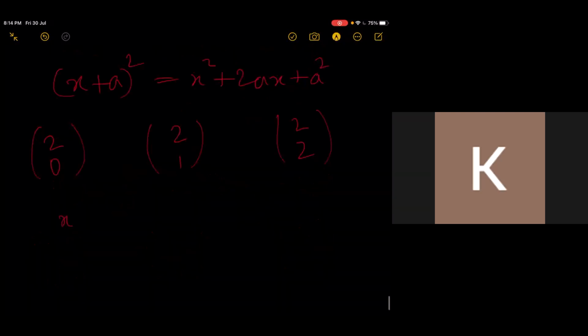Then the formula for (x plus a) whole cube you also know: x cube plus 3a x square plus 3a square x plus a cube. You know, right? This also you can check using the binomial theorem. And only these three formulas you learned in school till class 10.